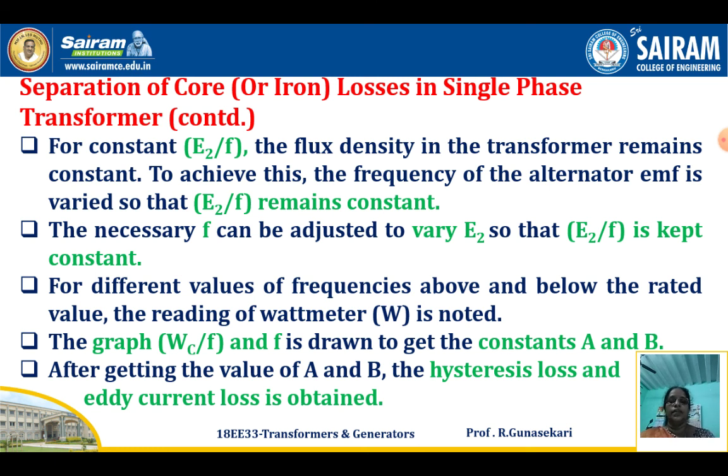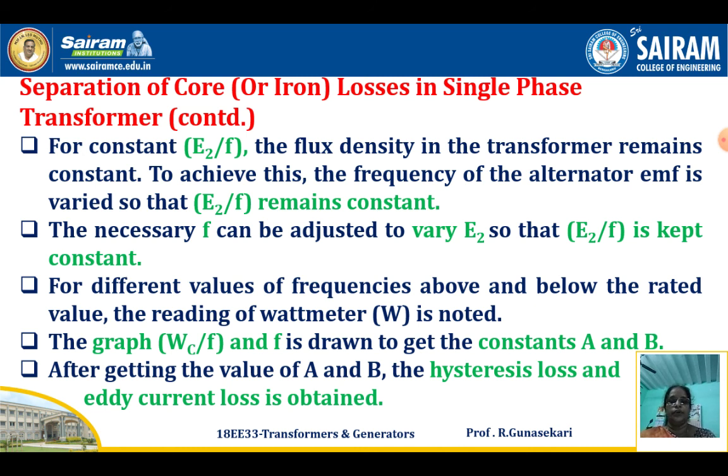After getting the values of A and B, we obtain the hysteresis and eddy current losses. The formula is Wc divided by F equal to A plus BF in this case, and then the hysteresis loss is AF and the eddy current loss is BF squared.